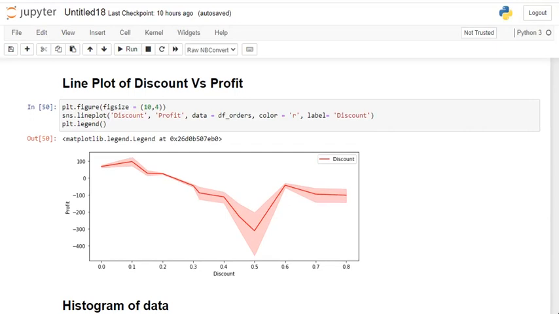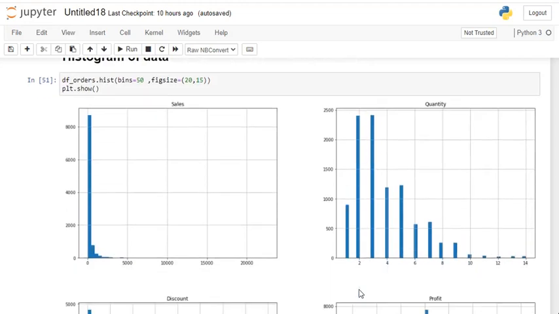So the negative correlation between the discount and the profit has been visualized very clearly by using this plot. As the discount increases on the product, the profit is going to reduce, the profit is in negative, so the business manager has to focus on how the discount is going to affect the profit of the product. Next, histogram data.